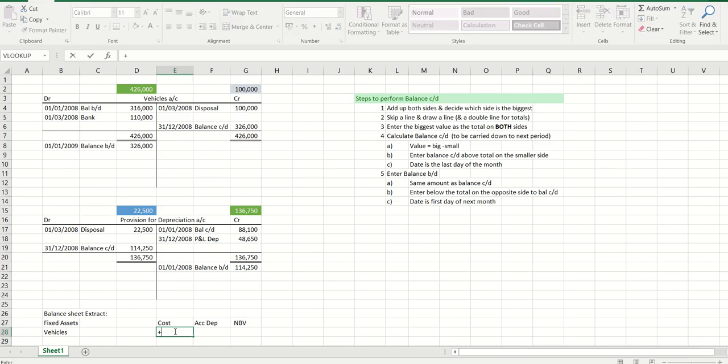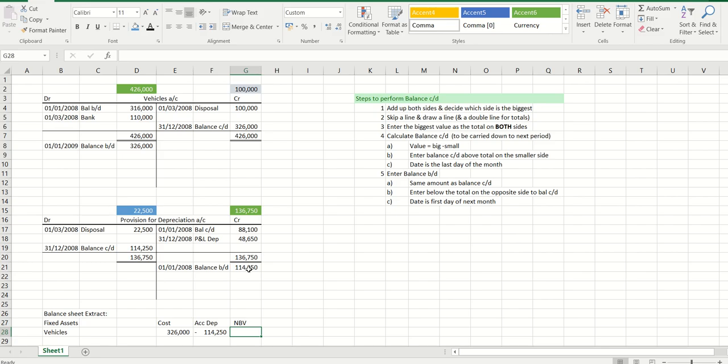So we'll take those balance BDs and they end up in your balance sheet. So the cost is 326,000. The provision for depreciation or accumulated depreciation is 104. So they've lost that much value. And the net book value in our balance sheet section would look like this for that asset account.